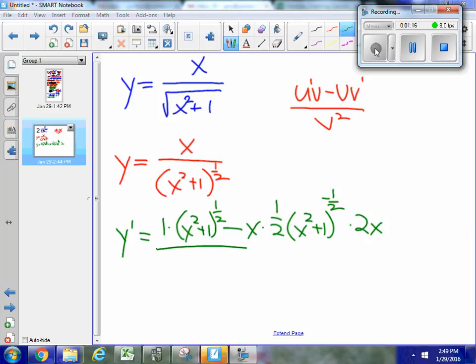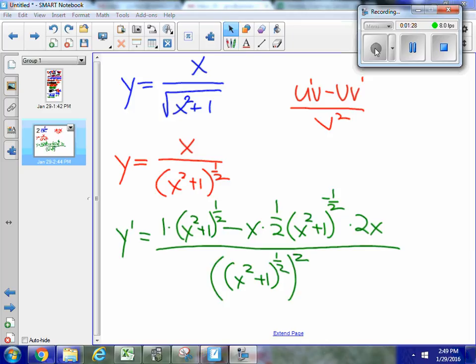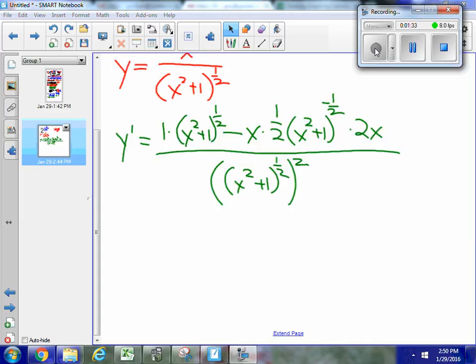And I'm going to divide all that by x squared plus 1 to the 1/2 power squared. And yes, I know that something to the 1/2 power, when I square it, is just going to be x squared plus 1.